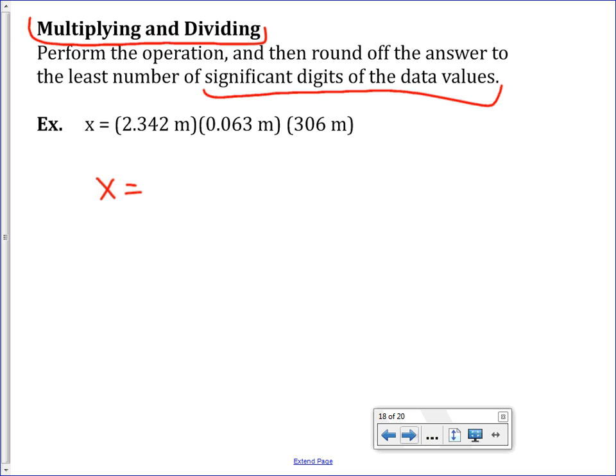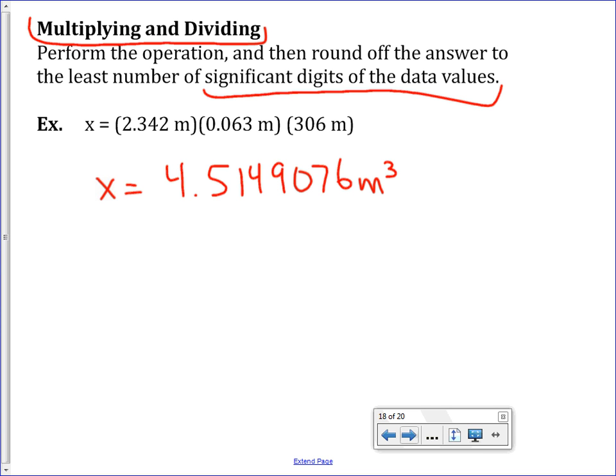In this case, we have 2.342 meters times 0.063 meters times 306 meters. When we multiply those all together, we get a really long answer, 5.149076 meters cubed. Now, all of those numbers are not significant. There's actually uncertainty in a lot of those numbers. So we only want the numbers that are going to be significant.